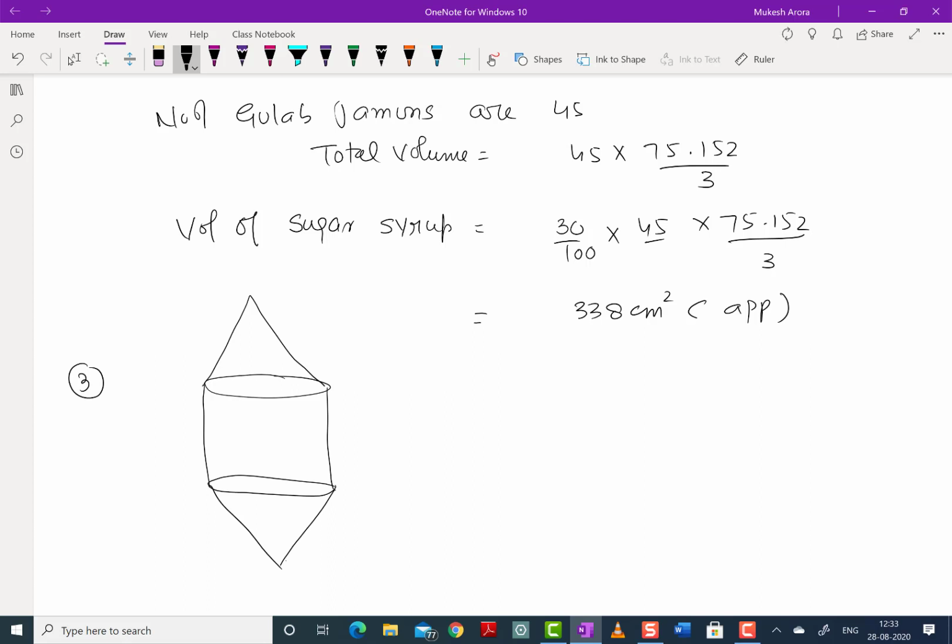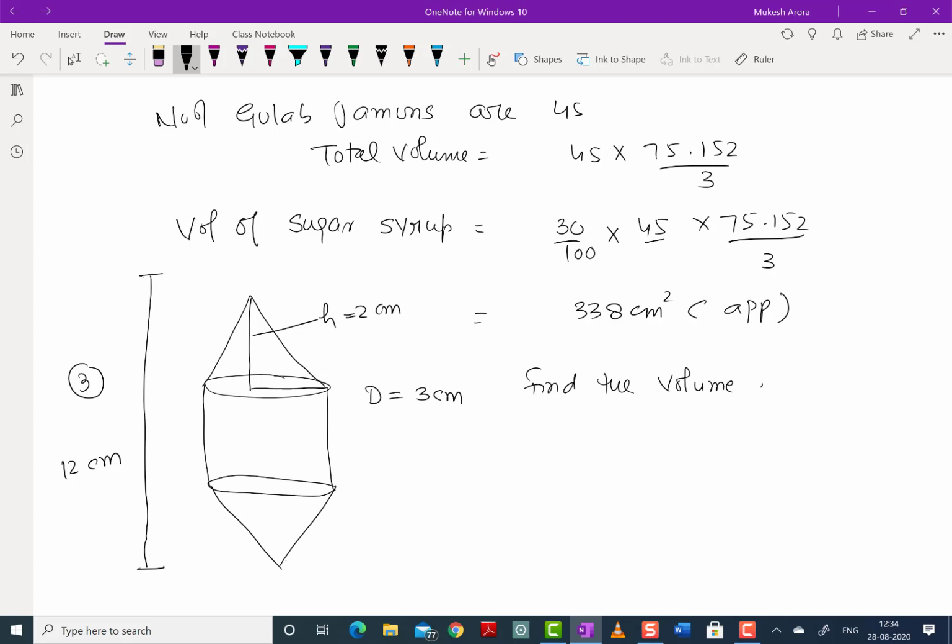The diameter of the model is 3 centimeter and the length is 12 centimeter. If each cone has a height of 2 centimeter, find the volume of the model.